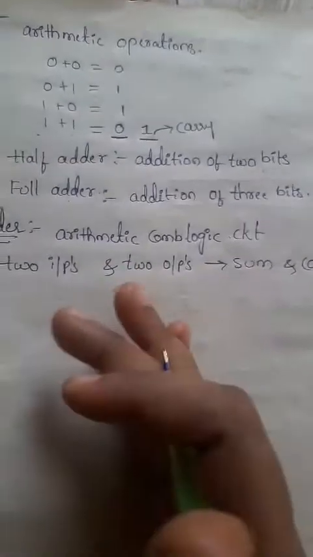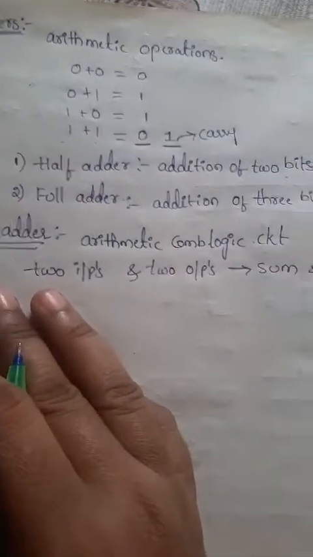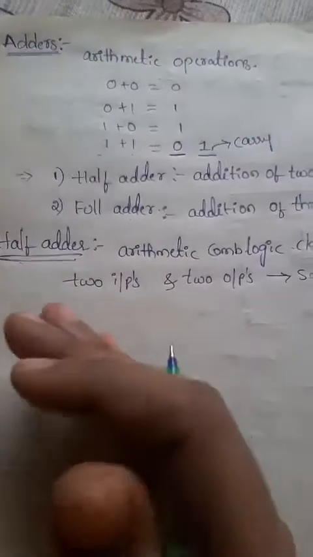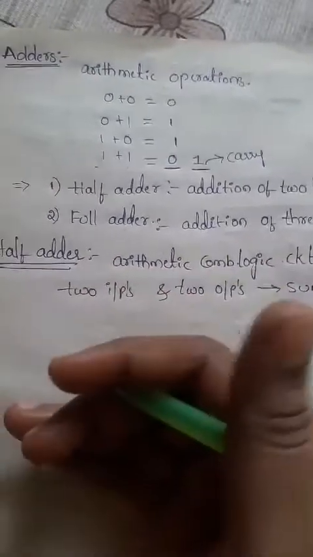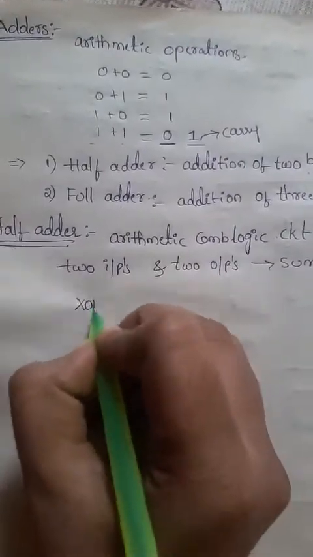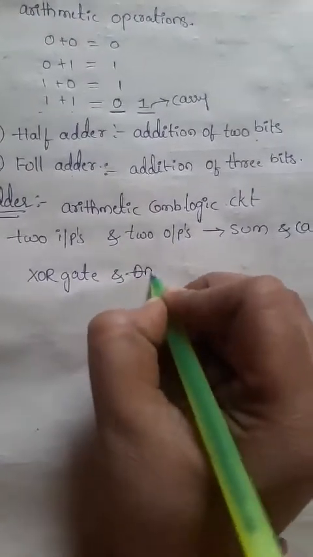Whenever you remember the half adder, you get some circuit in your mind. How is that circuit designed? It is designed with one XOR gate and one AND gate.